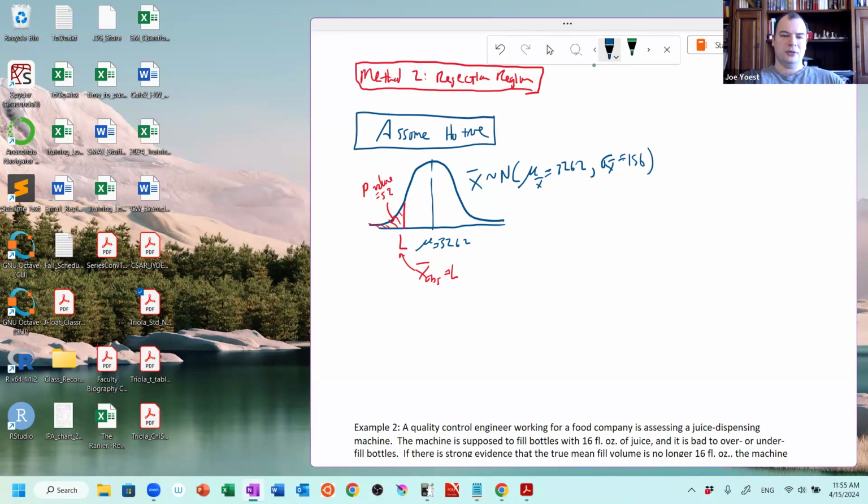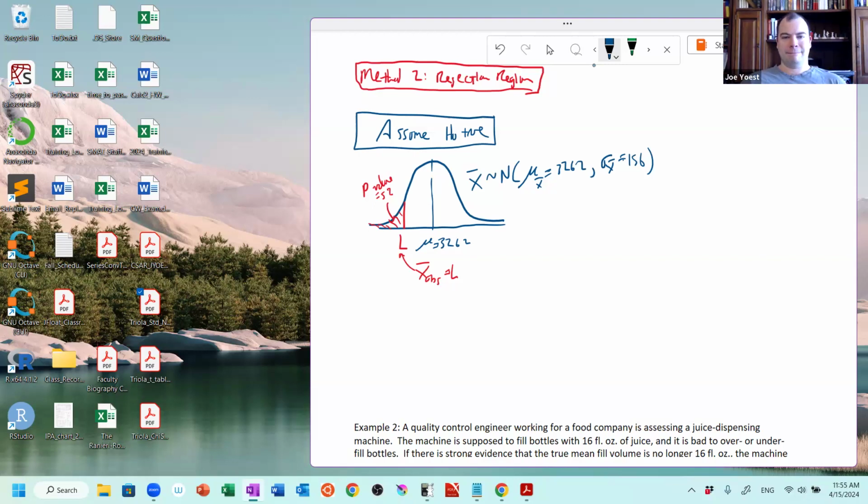So this is the borderline X bar observed, where if the actual X bar observed I find in my sample is to the left of L, then I know that my p-value has to be less than 5% because this is the one that gives you 5% area to the left. And if my X bar observed was to the left of that, it's going to cut off a little bit of that area. My p-value will be a bit less than 5%.